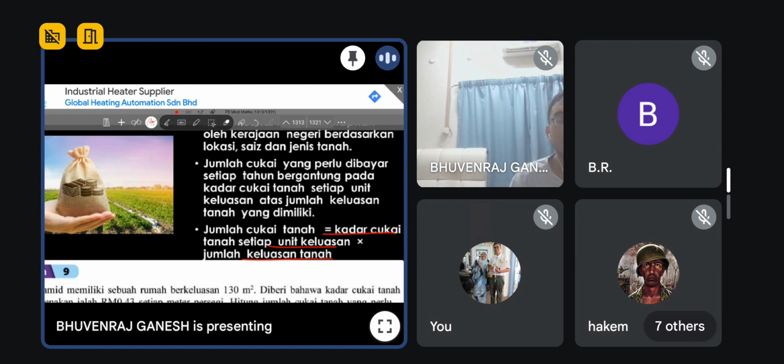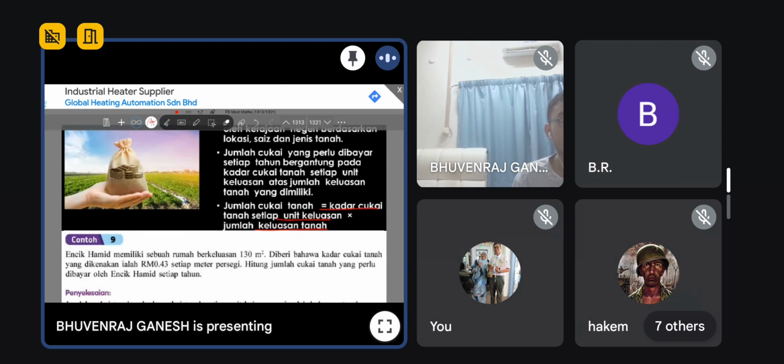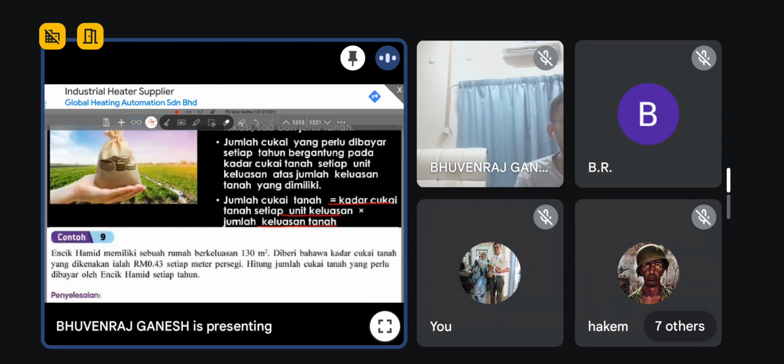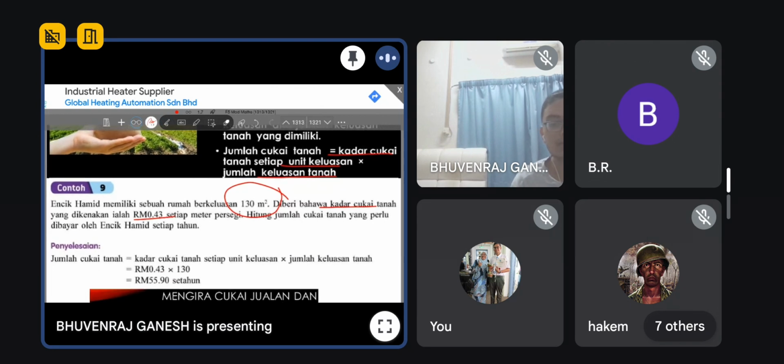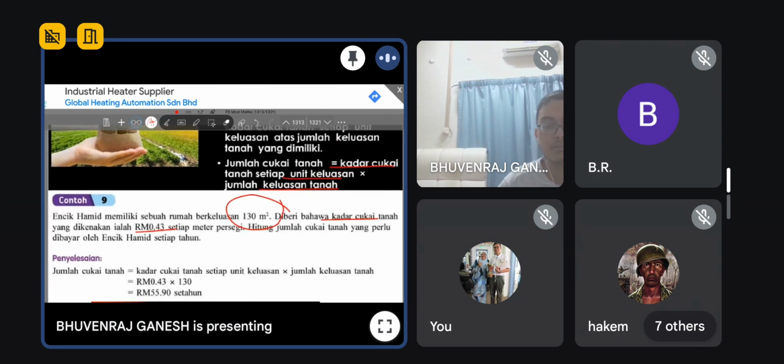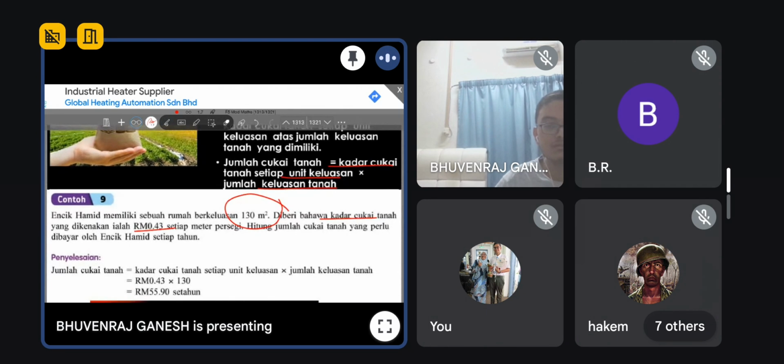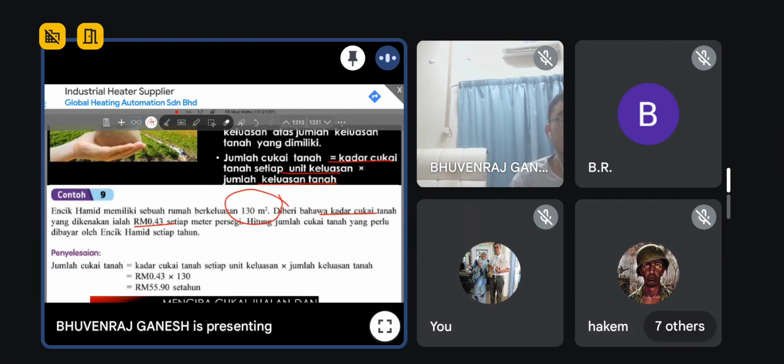That's all. Nothing difficult. They'll give you all the information. You see this question, kadar 0.43, total area 130. So jumlah cukai, you just times these two values, get the answer. Habis. Clear?